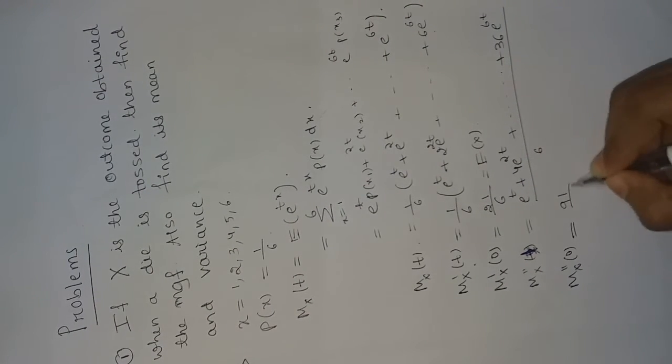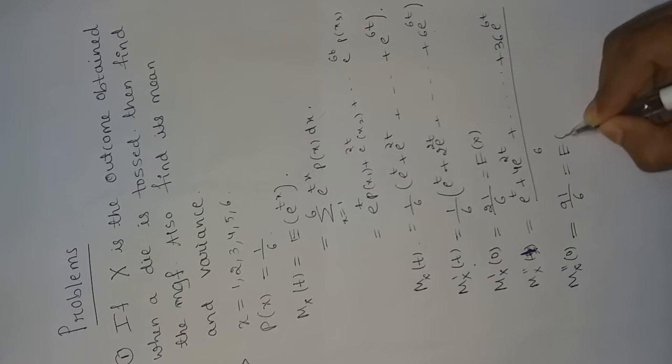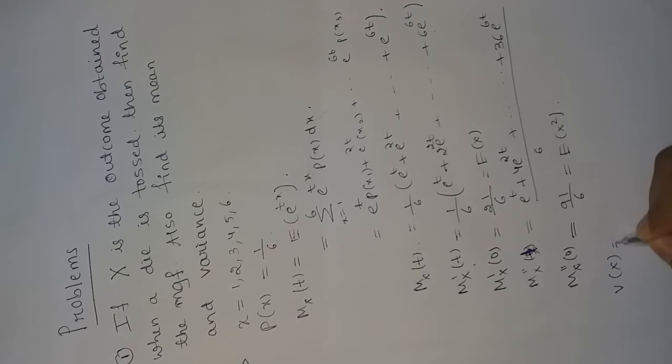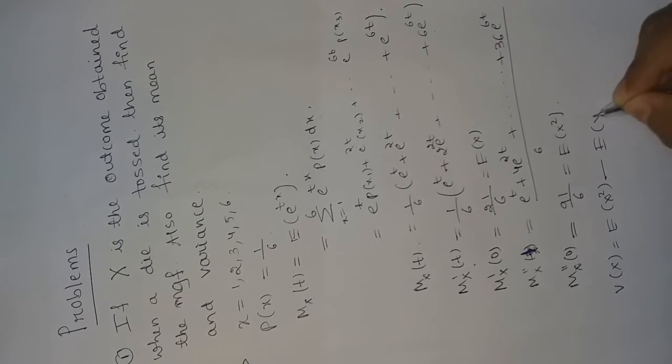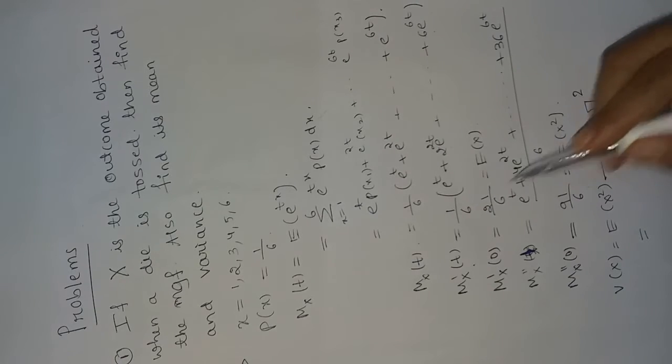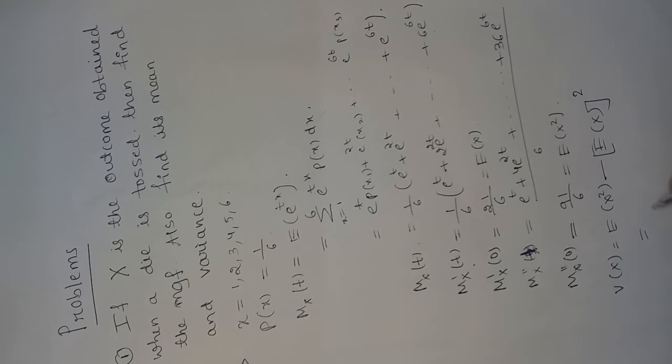That is 91 by 6. This is nothing but expectation of x square. So we know the variance of x is E of x square minus E of x whole square. That is 91 by 6 minus 21 by 6 whole square. We'll get it as 2.91.